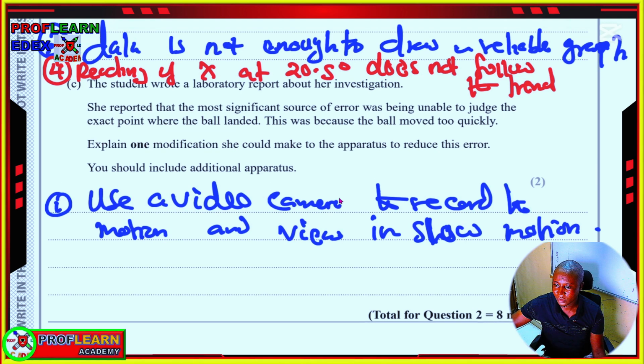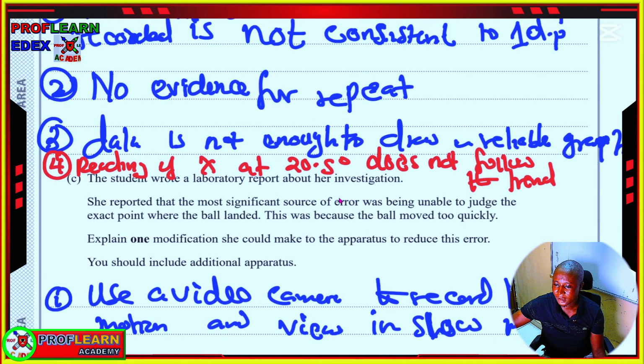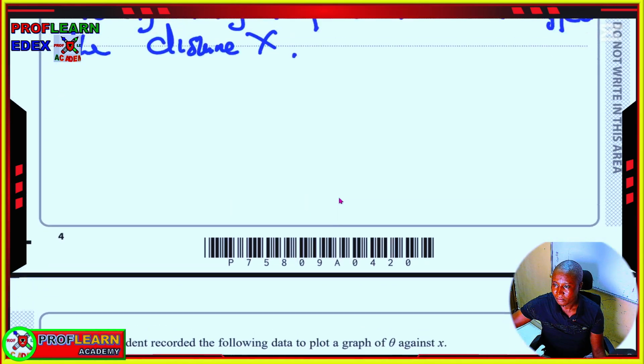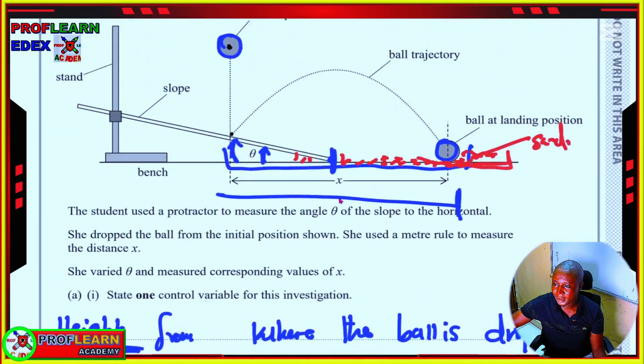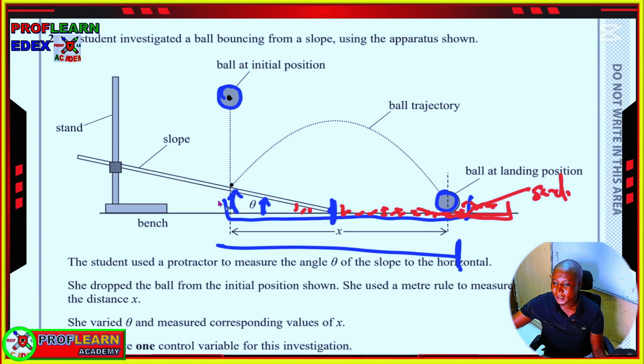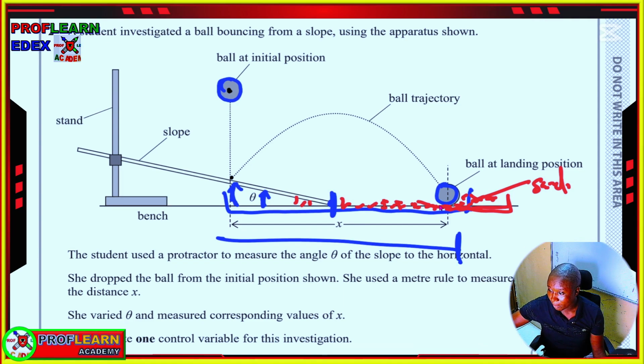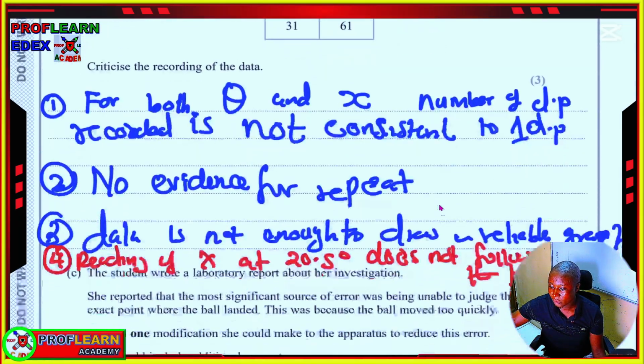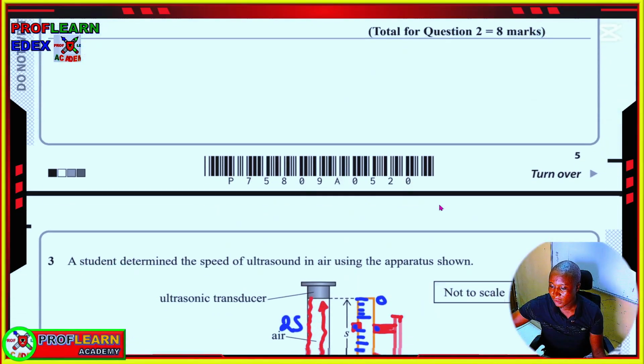That's the one I mentioned regarding placing sand, or we can even use a camera to record in slow motion, so that you can see where the ball landed. So basically that's what you're going to look at whenever you are answering a question on that.